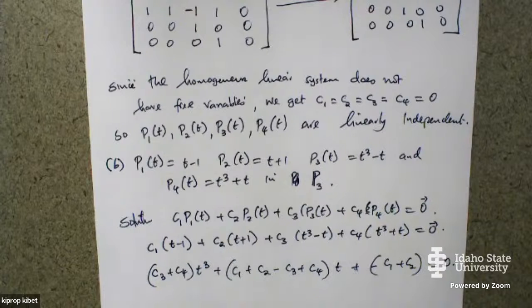So you collect these like terms: C3 and C4 for T cubed, and then for T, C1 plus C2 minus C3, and then the constants will be minus C1 plus C2, equals to 0.